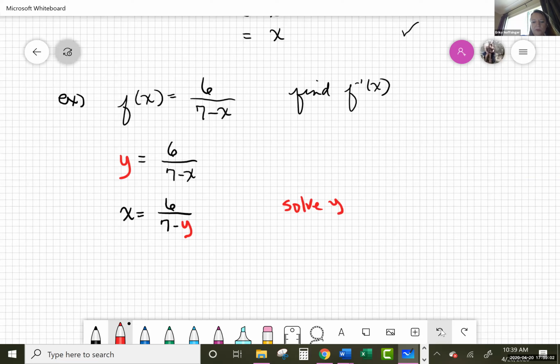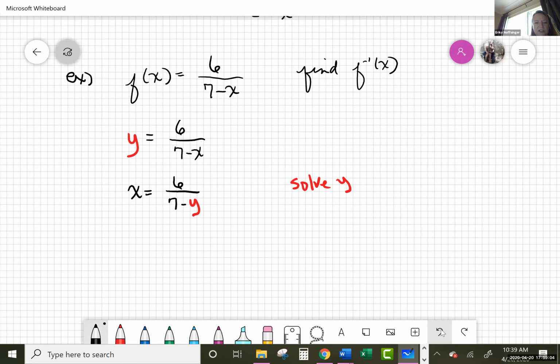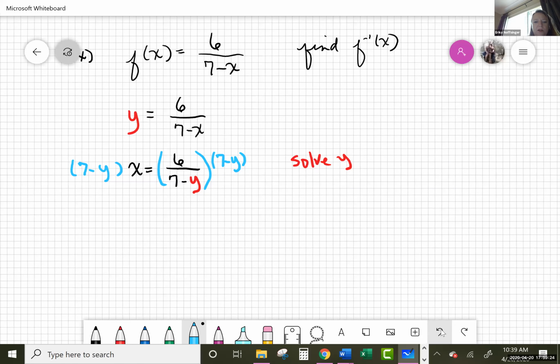Okay, so we have a rational equation, and we need to get rid of that y in the denominator. The only way I see that we can do that, and it's an equation so we can do this, is multiplying by our denominator 7 minus y. The whole point of that was so this goes away. So this does not distribute to the numerator on the right-hand side.